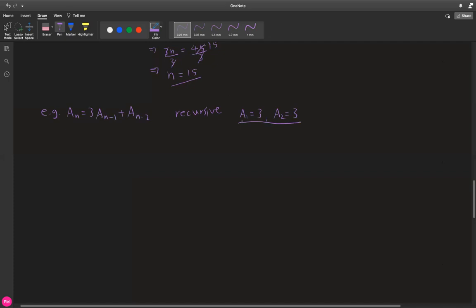So now knowing that a sub 1 is 3 and a sub 2 is 3, given this recursive formula, how do you find a sub 3? In other words, the next term in the sequence.